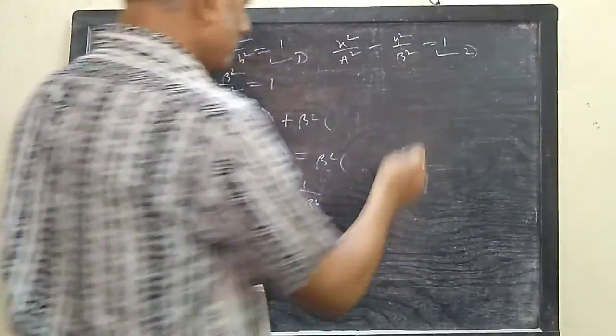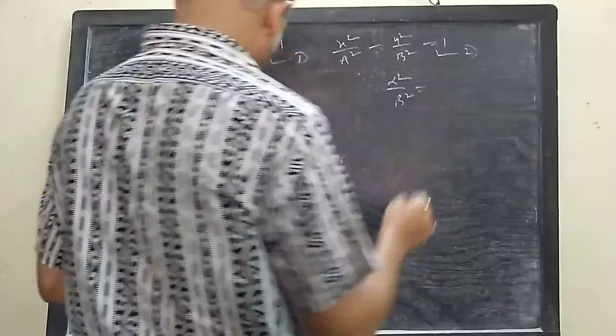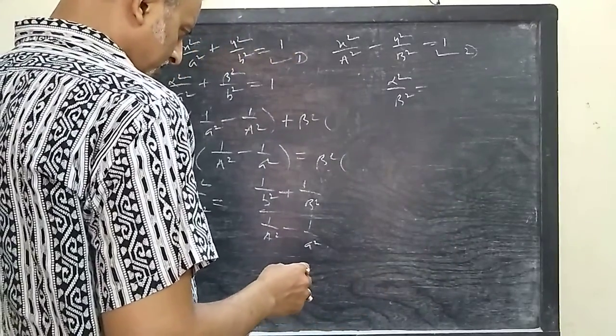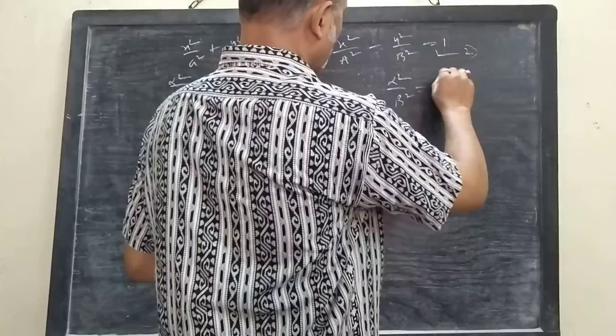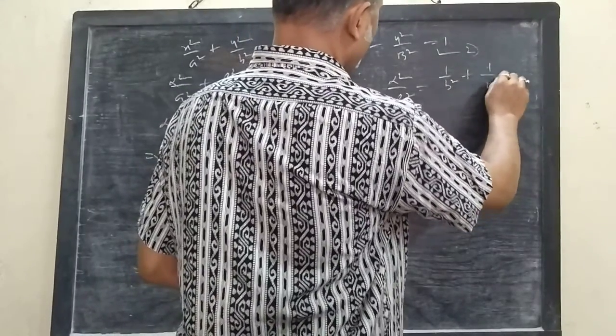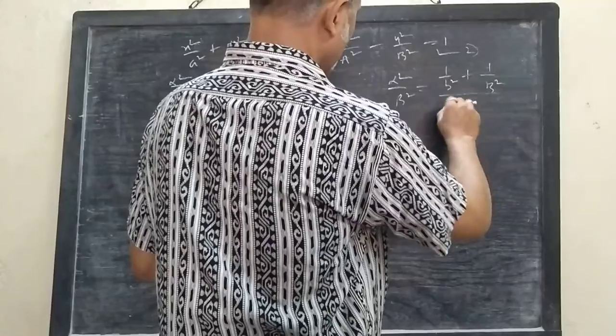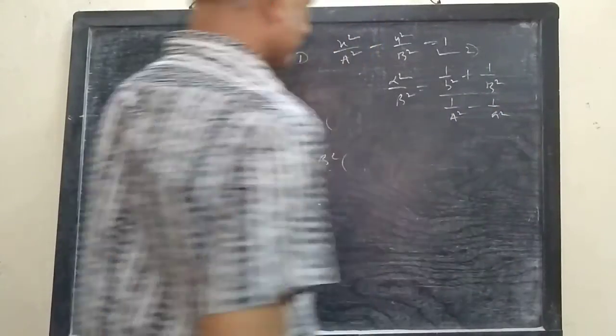We have obtained alpha square by beta square equals (1 by b square plus 1 by capital B square) by (1 by capital A square minus 1 by small a square).